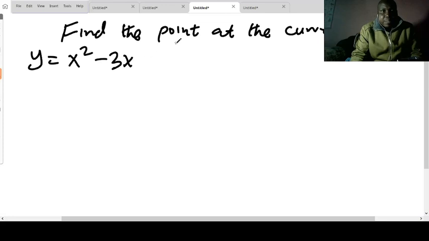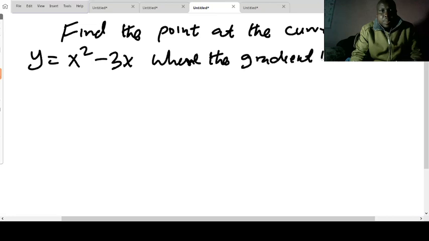Find the point at which the curve, where the gradient is 1. So we have been told the gradient is 1.